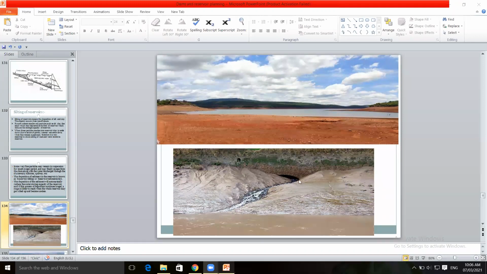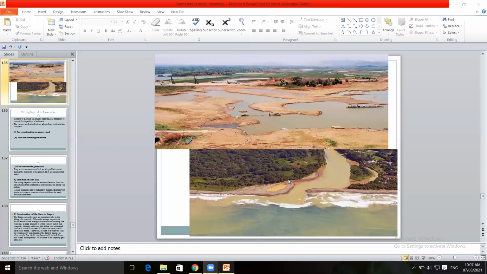On the upstream side of the dam, the silt is accumulated, which reduces the storage capacity of the reservoir. See this silting, the accumulation of silt and clay.